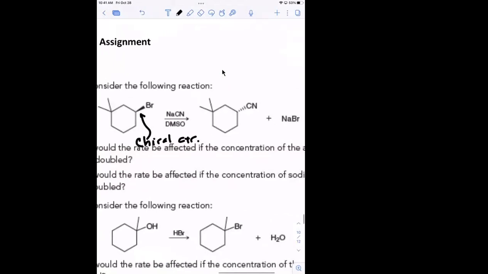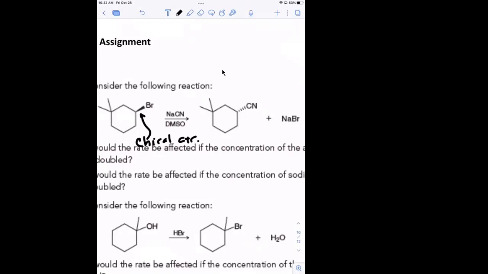If a substitution happens on a chiral center, if it's SN2, the chiral center gets reversed. And doesn't that make sense? If the bromine is coming out of the page, on a wedge, and the nucleophile is coming from behind it, when the nucleophile comes in it's going to be on the opposite side.